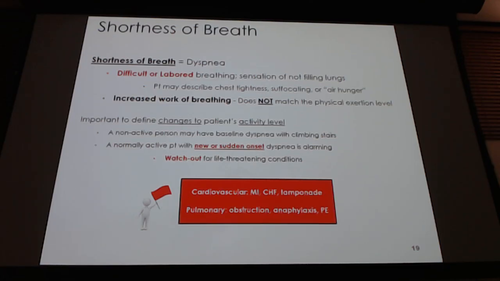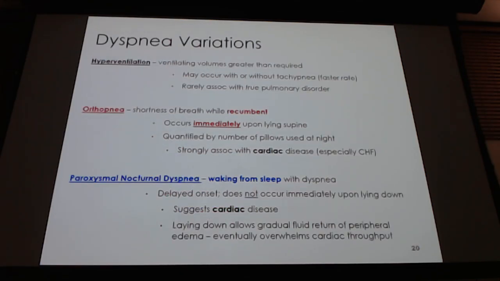So just qualifying it. A person who's got lots of comorbidities, they smoke, they're 50, they're 60, and they say they're short of breath, versus a young, healthy person that has acute onset dyspnea. Just watch out for some of these acute things that we really need to be thinking emergency care for them.